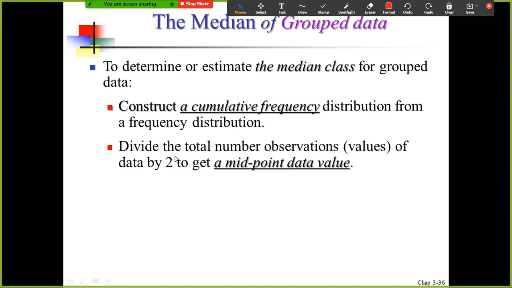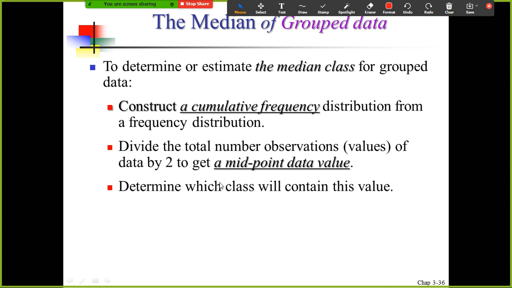Then divide the total number of observations, or values, or items in our data set by 2 to get the exact midpoint data value. Determine which class contains this value.